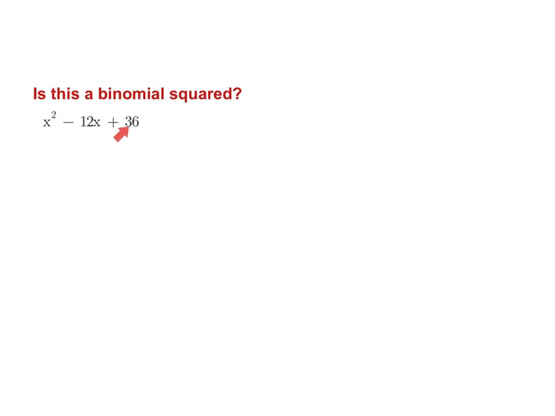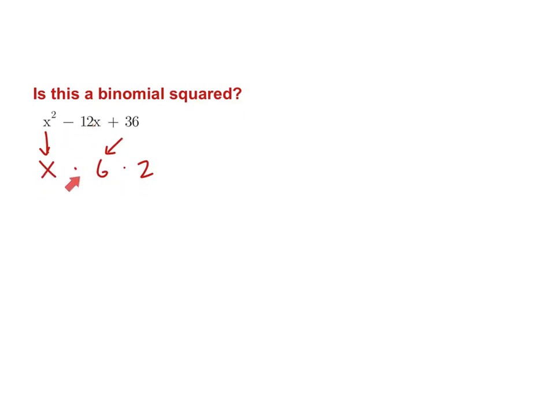Okay, multiply them together times 2. So that's what we're doing. We're taking the square root of x squared, the square root of 36, and multiplying it times 2. If these all multiply together to give me the middle term, then it's a binomial squared. Do they? Is x times 6 times 2 12? Oh. No. So yes, the 12 is negative.